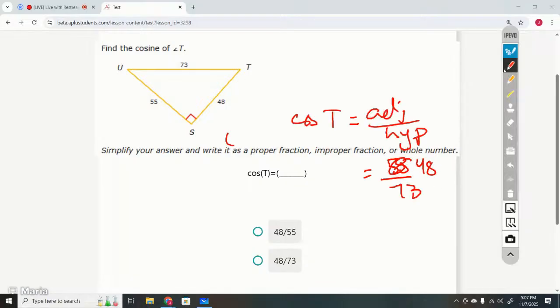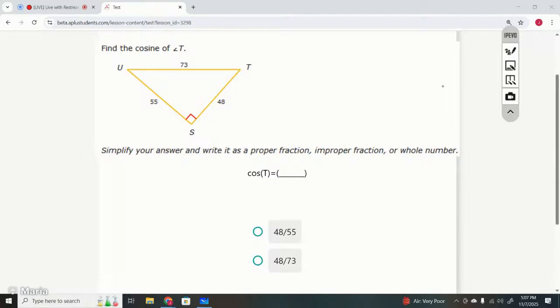That is 48 over 73. The correct option is 48 over 73. Option number 2 is the correct option.